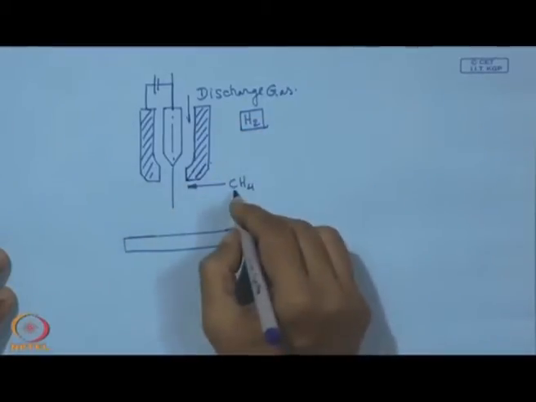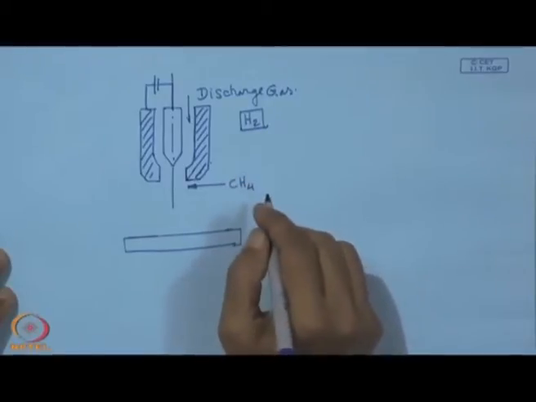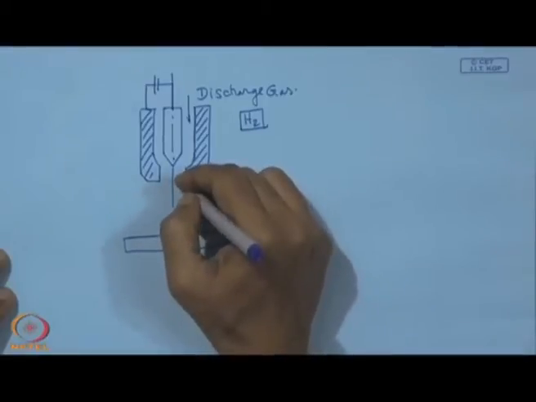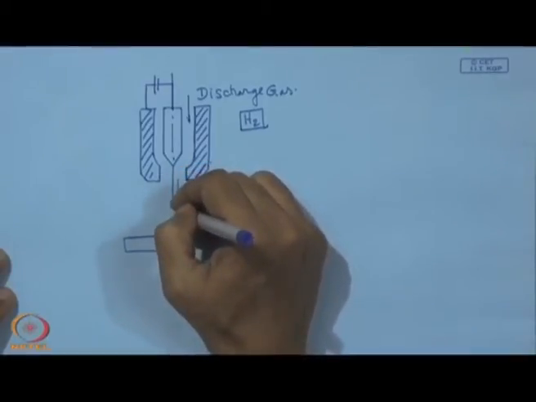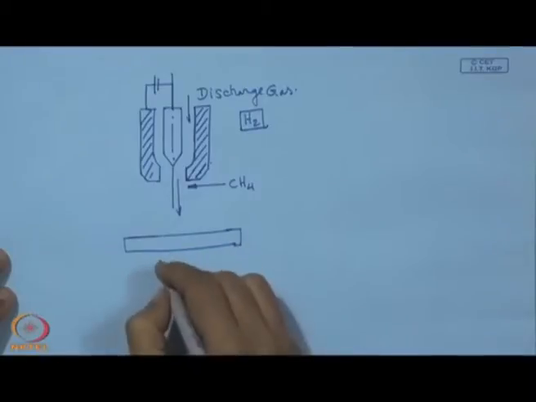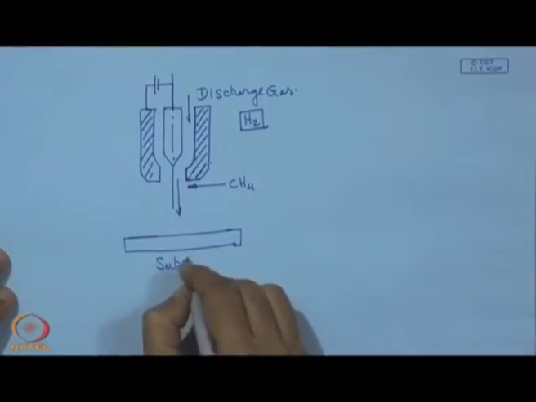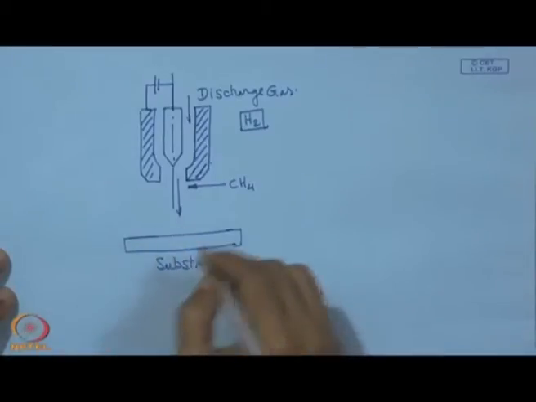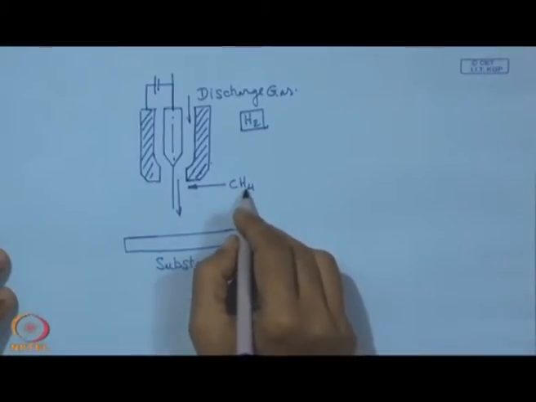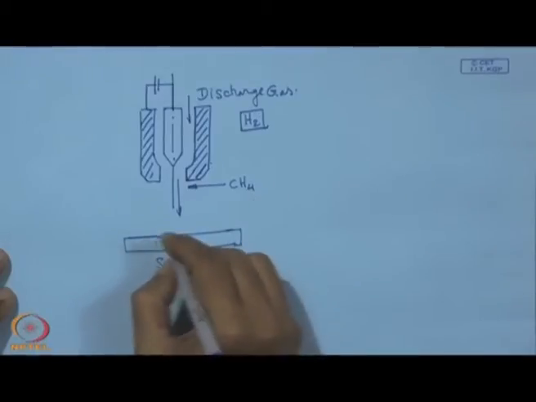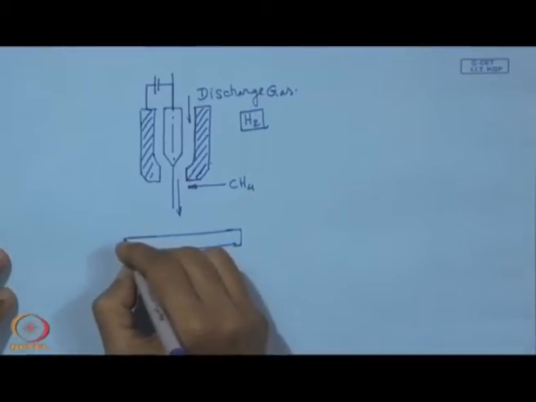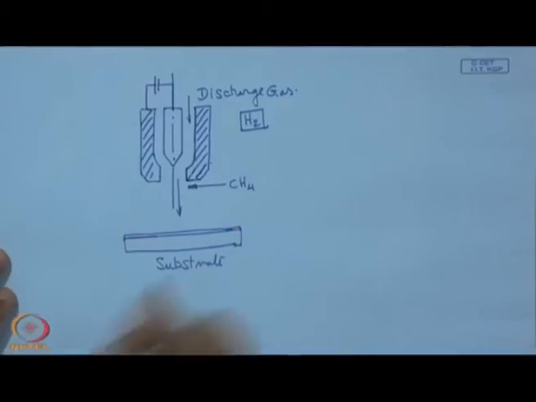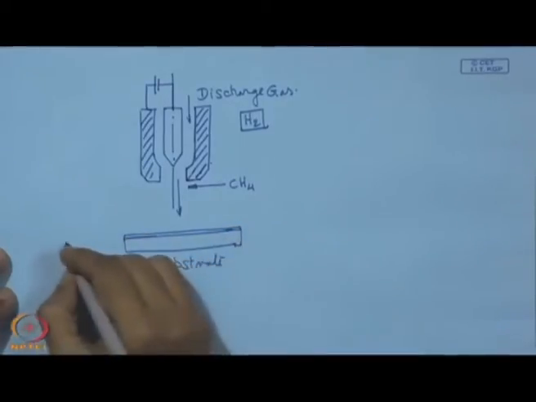What happens is that from methane, by this high energy flow of material in the substrate direction, we can have deposition of carbon, separating the hydrogen. So here we have deposition of carbon in the form of a layer. So it is actually carbon.